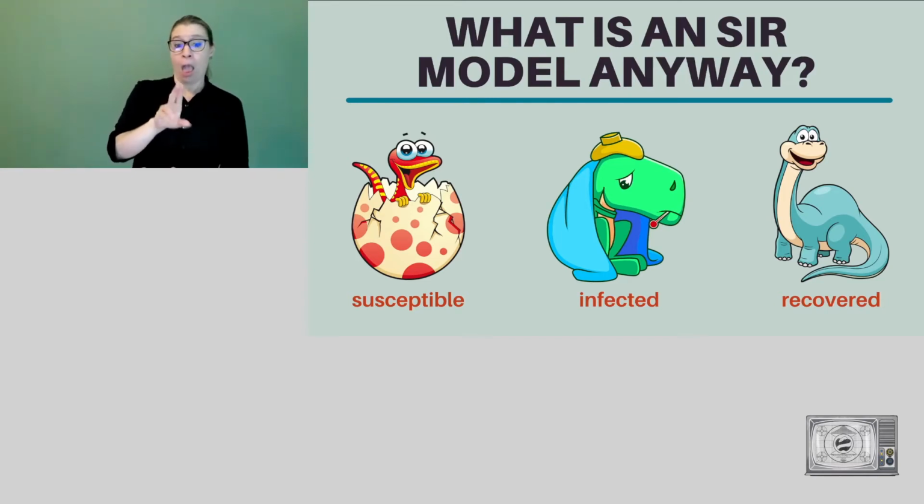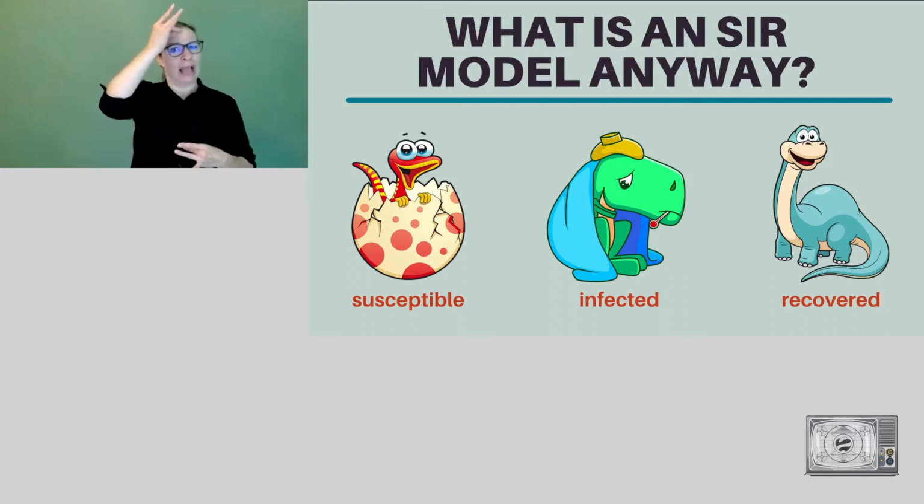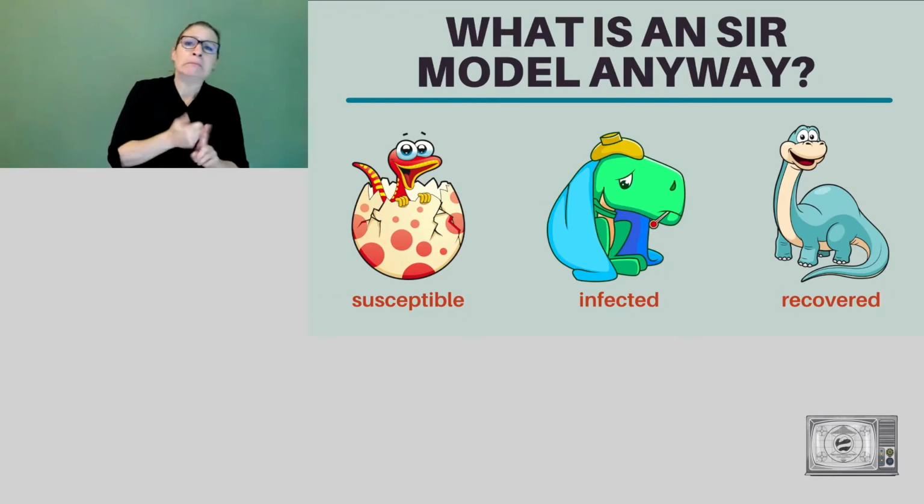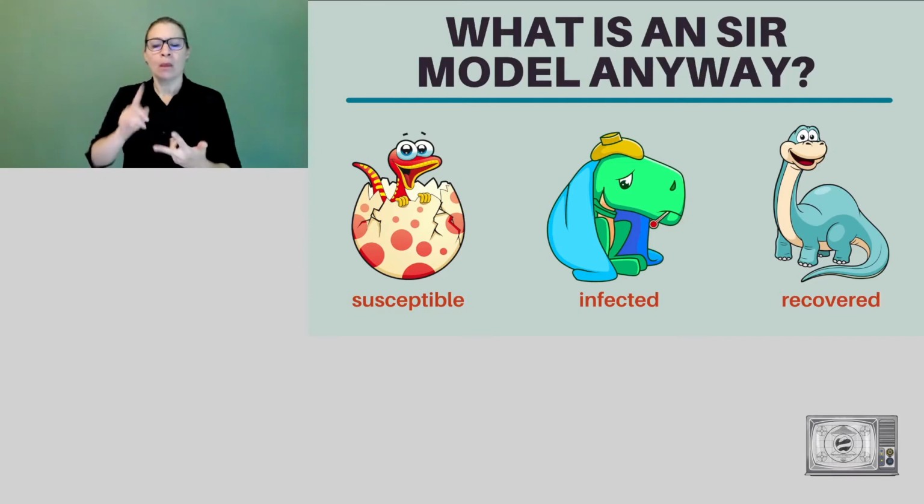Susceptible individuals are those who are at risk for contracting a pathogen, possibly because of an autoimmune disorder, young age, or even old age. Infected individuals are just as they sound, those who have been infected with a pathogen, whether they are presenting symptoms or asymptomatic.